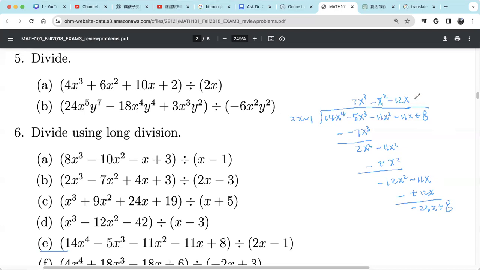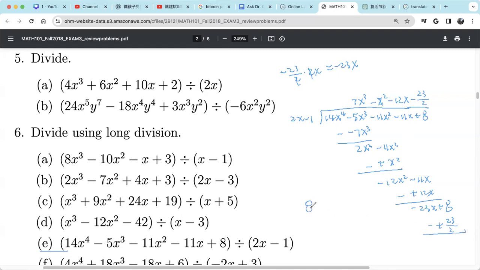Now we get a fraction. So we need to put a -23 over 2, right? Because -23 over 2 multiplied by 2x, 2 canceled, that equals -23x. So now -1 times -23 become positive 23 over 2. We subtract.